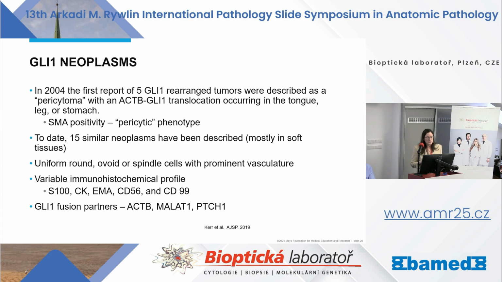So uniform, round, ovoid to spindled cells with prominent vasculature, and a variable, non-specific immunohistochemical profile with variable staining for S100, cytokeratin, EMA, CD56, and CD99. And then there have been GLI1 fusions with various partner genes, including ACTB, MALAT1, and PTCH1.